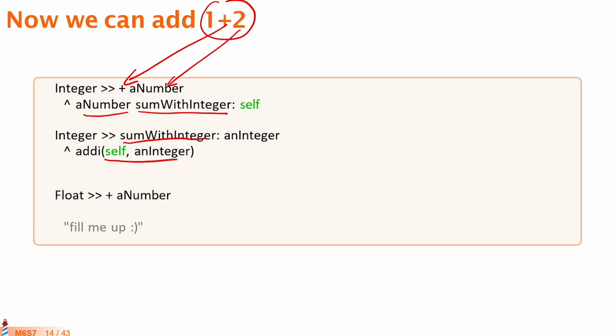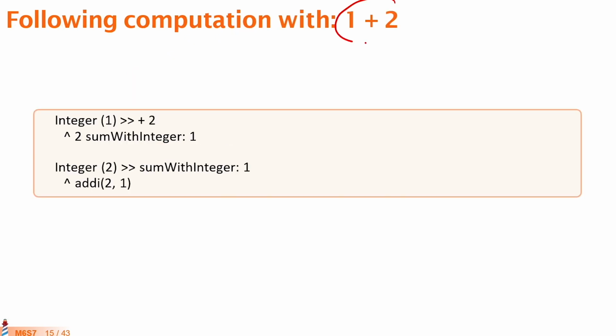Just to explain, let's take this code and make sure that we understand where the arguments are going. Here we are looking at the execution of 1 plus 2. 1 is an integer, so plus will be on the Integer class. So this is this method.